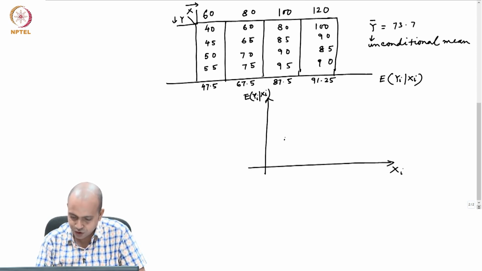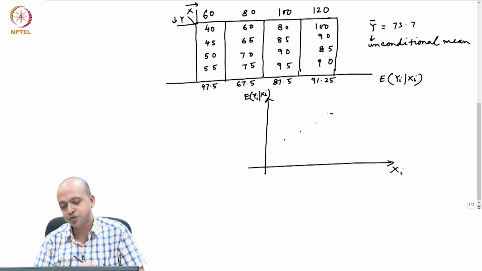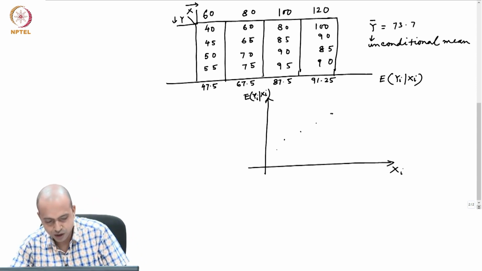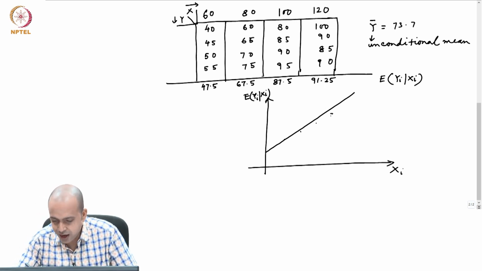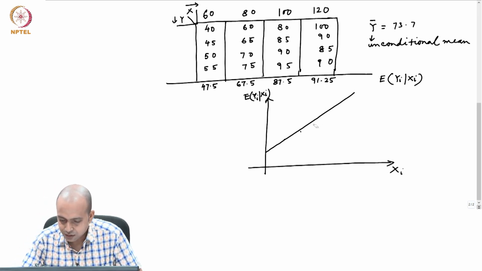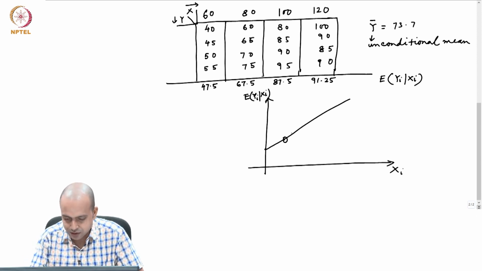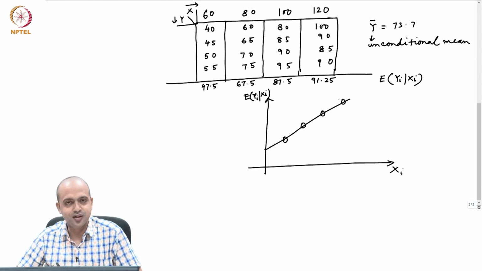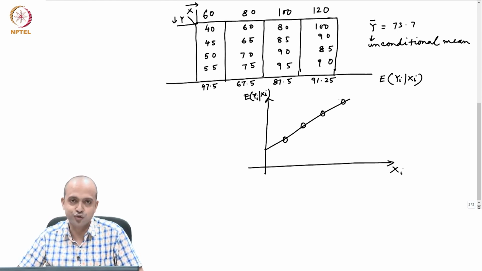This is the first point which indicates 47.5, then the second point, third point and fourth point. I have simply plotted the conditional means, and if I join them with a line, then I would get an upward sloping straight line.